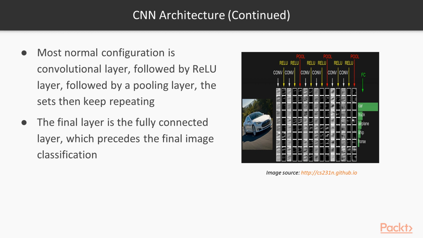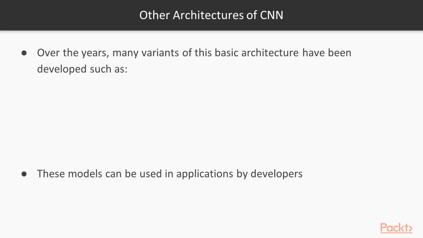However, there are some variations of this possible. And there are already quite a few trained CNN models that are readily available for us to use and develop our applications. Let's take a quick look at those. The first one was LeNet, and this was developed by Yann LeCun and team. That's where the name LeNet comes from.